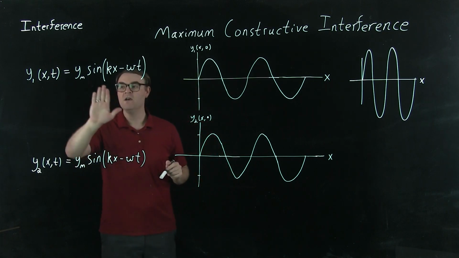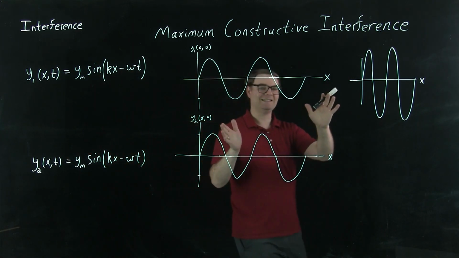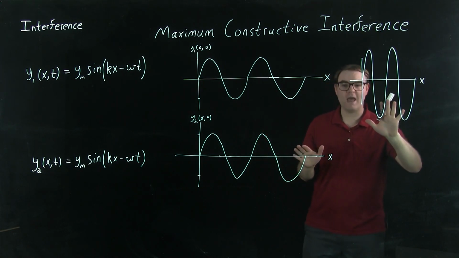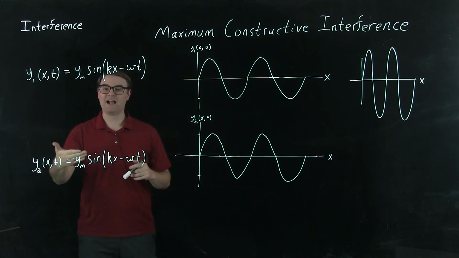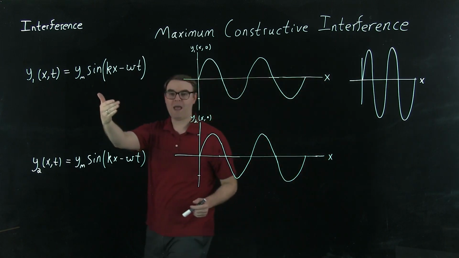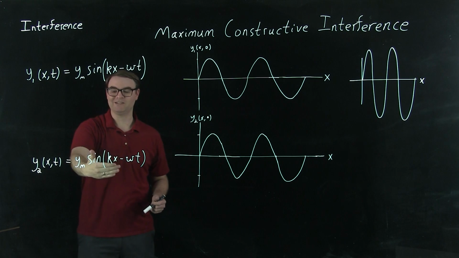Now, because both of the waves that I've added together have the same k and omega, I get exactly the same shape profile of my final wave. And because the amplitudes are the same, I get exactly twice as much amplitude out of the final wave. In fact, you can add these directly by just doing this equation plus this equation.